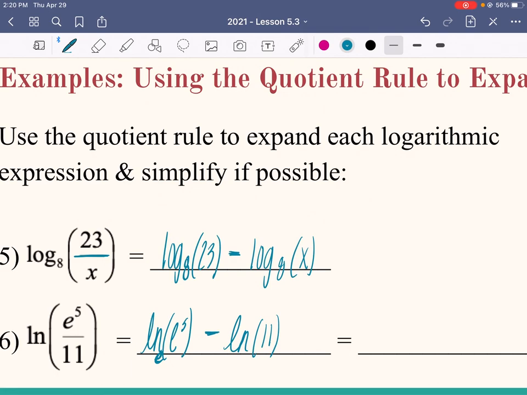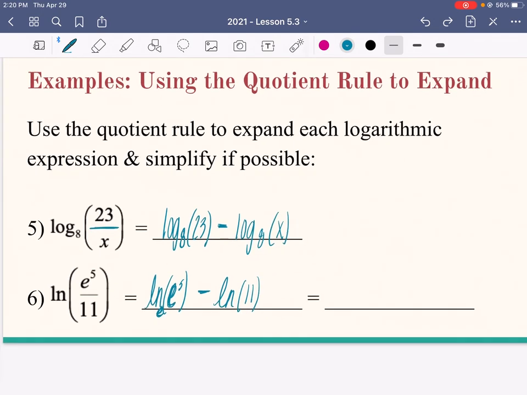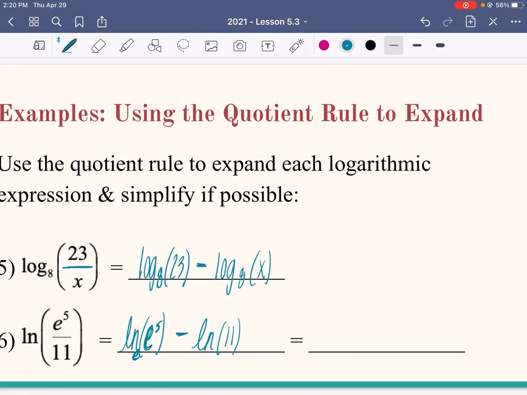When you've got the same base here, and then that same number next to it, and you're taking the log of that, those in essence cancel each other out, and you're just left with the exponent. Because this is saying I need e to the power of something to give me e to the power of 5. So what is that unknown? That would be 5. So this just is 5 minus natural log of 11.